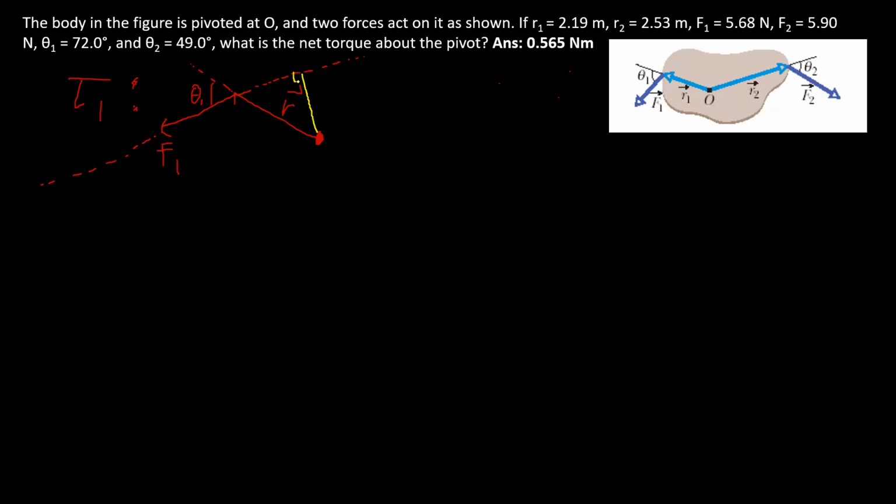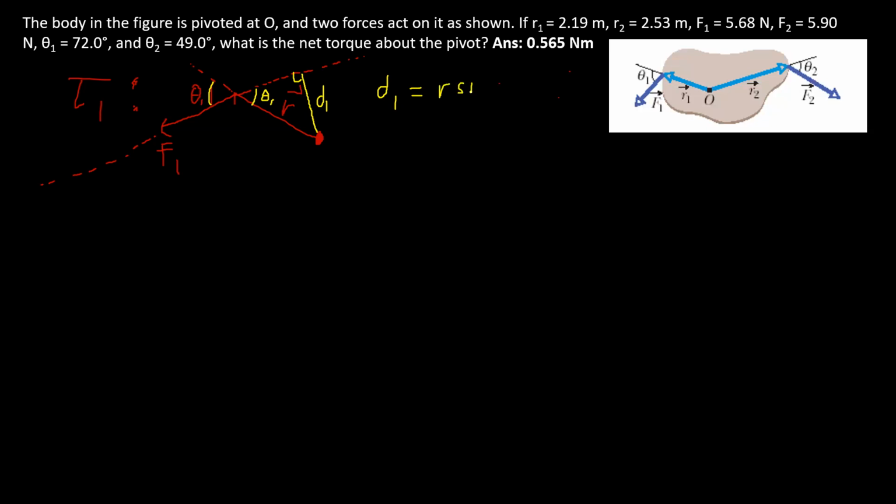This is the line that is perpendicular to the line of action of force. So how do we solve for D1? Well, according to alternate interior angles, this is also theta 1. So therefore D1 is actually the sine, right?